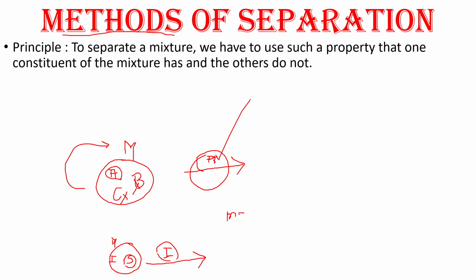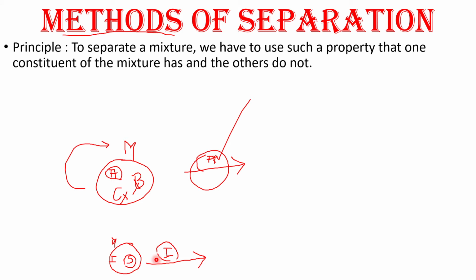It is difficult to write like this, but you can hear me and understand. Iron filings have magnetic property. On the basis of magnetic property, we can separate sulfur from iron. How?